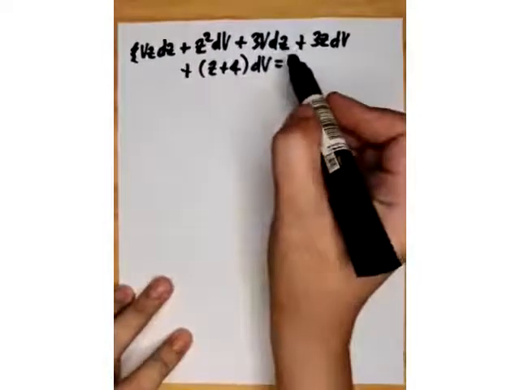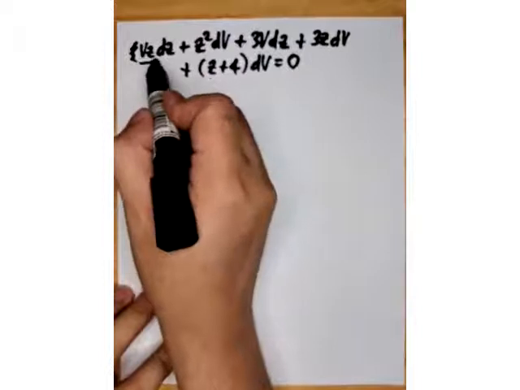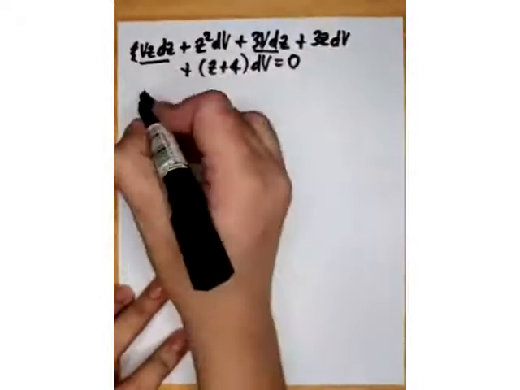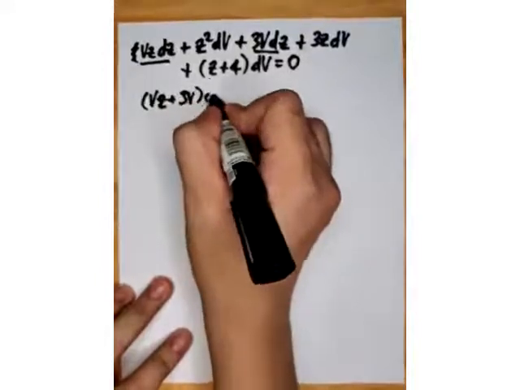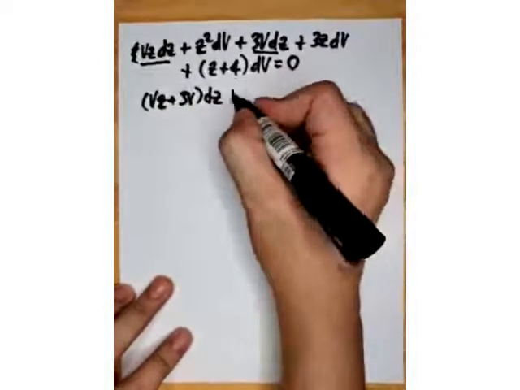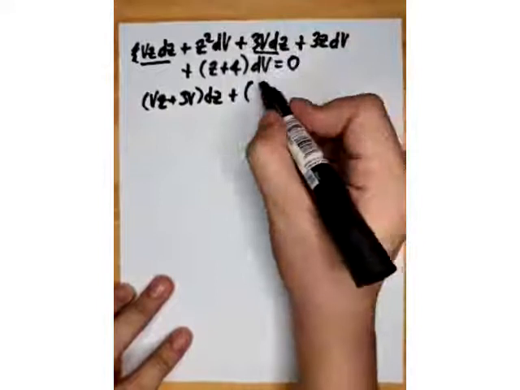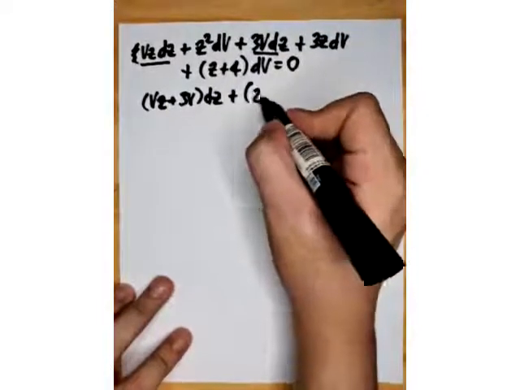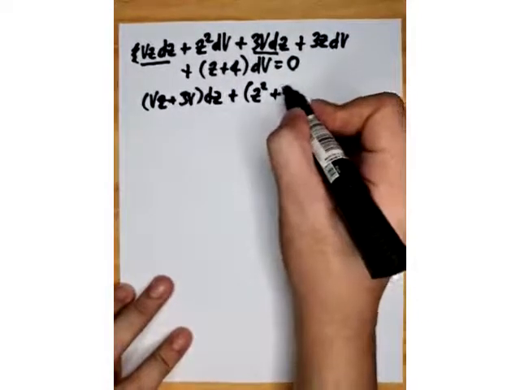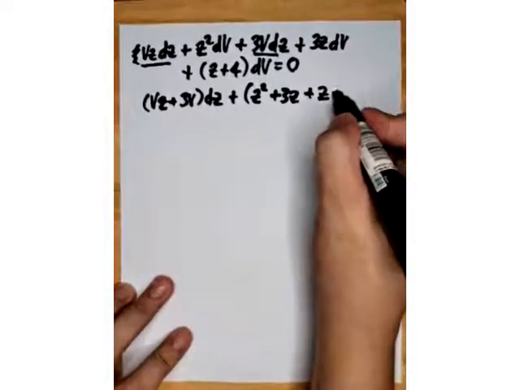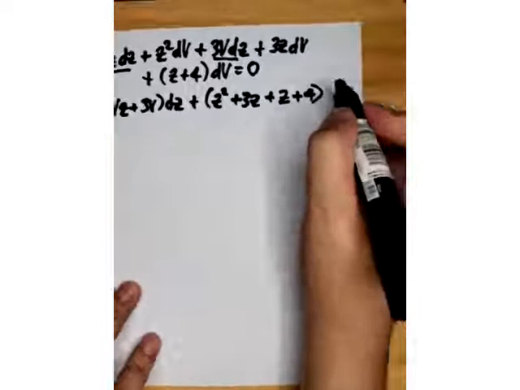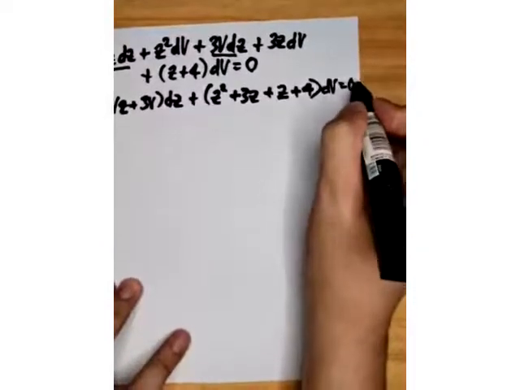I-combine like terms natin. So lahat ng may dz, ito at saka ito. Ayan. So that's equal to vz plus 3v dz. And then i-combine din natin yung mga may dv. So i-factor out lang natin yung dv. So that's z squared plus 3z plus z plus 4 dv is equal to 0.